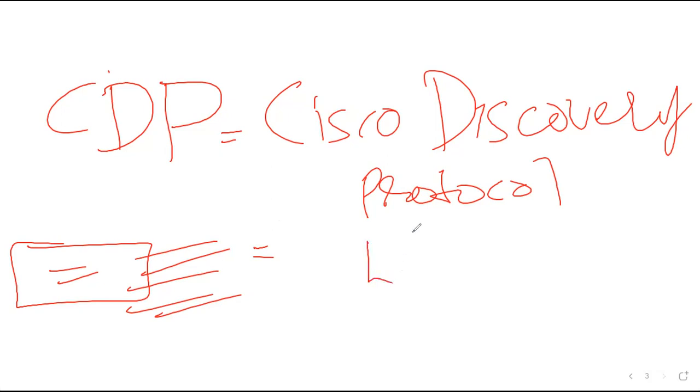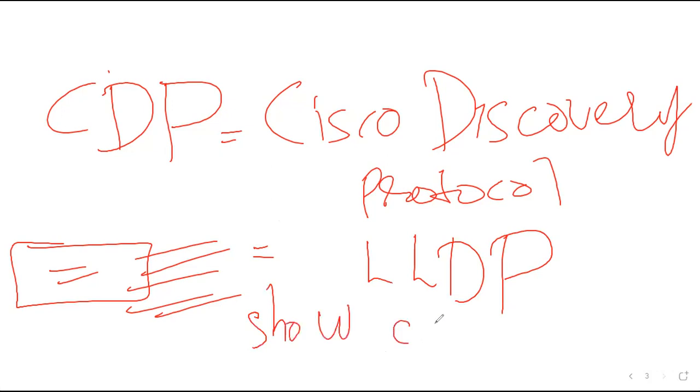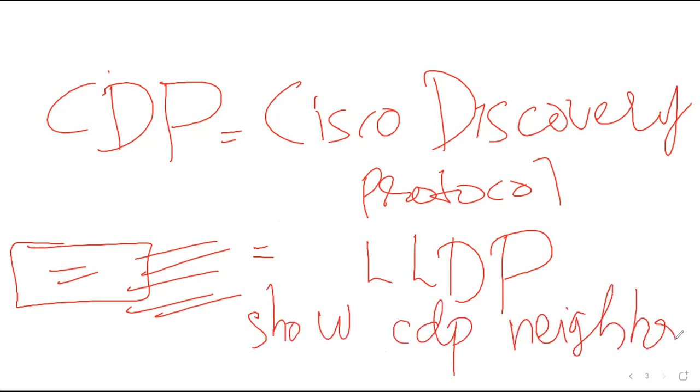Therefore, they introduced a new protocol called LLDP. So we're going to talk first about CDP, Cisco Discovery Protocol. To see the CDP, you need to use the command show cdp neighbor. What about LLDP? show lldp neighbor.